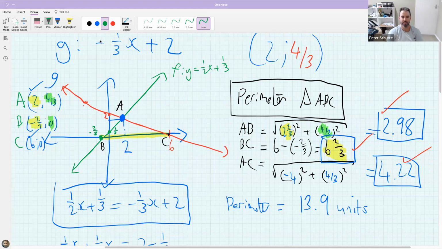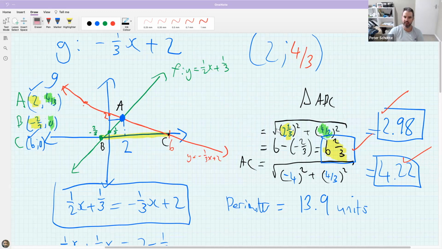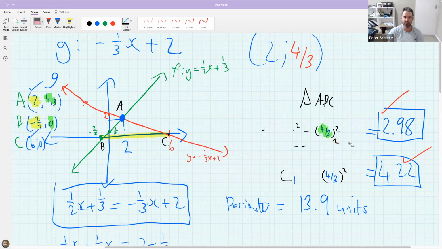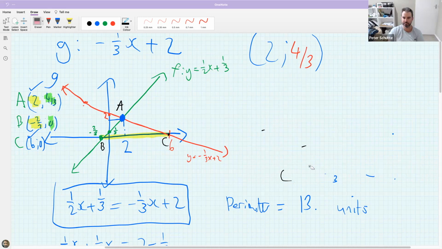I'm monitoring the chat, but I'm not seeing any hands going up. Kevin has said the gradient, okay, I'm on the right track. The angle of inclination is the angle that the straight line makes with the x-axis.